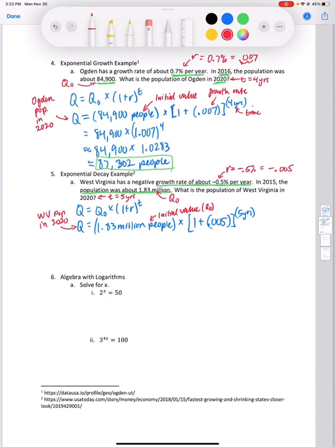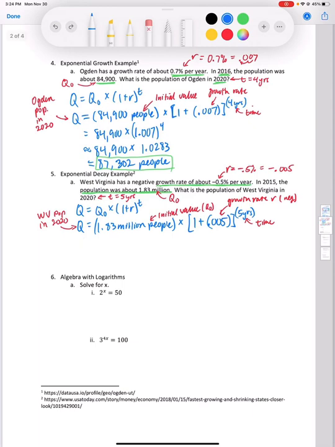Q sub 0. This right here is the growth rate, R. In this case, it's negative. And this is time. Let's go ahead and solve this.